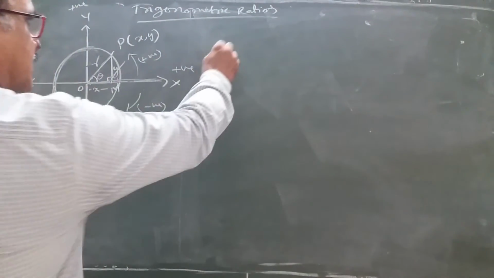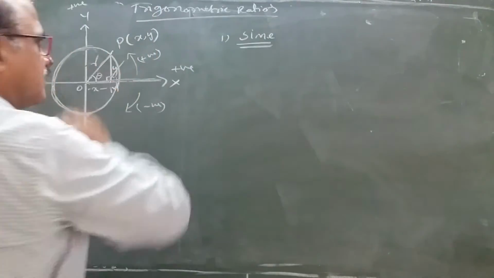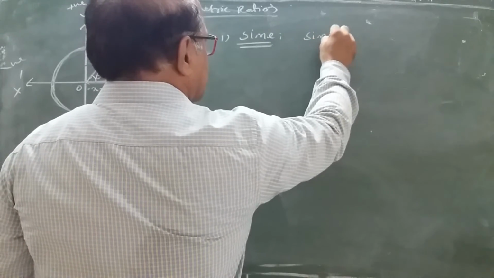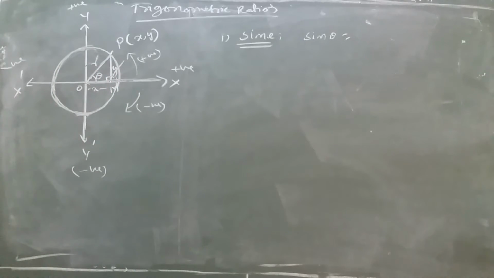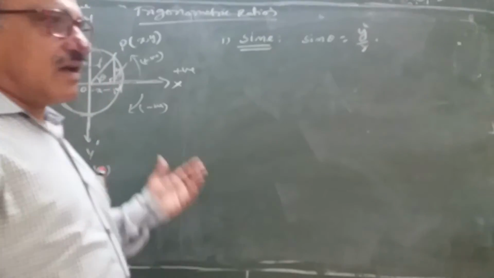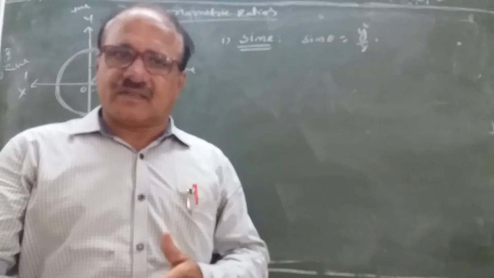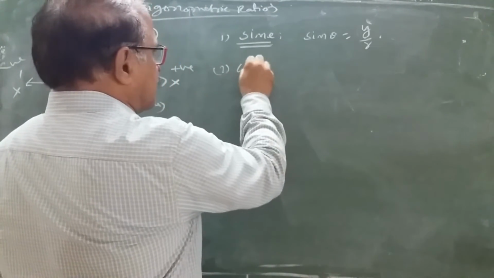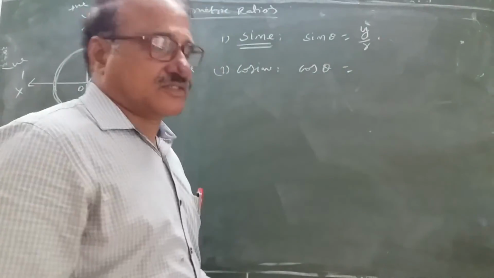First one, sine, is defined as follows. Sine of the angle, generally denoted by sin theta, is the ratio of y and the radius, that is y by r. r is always positive, because it is the distance between 2 points, the origin and the point P. Similarly, the second one is cosine, in short form cos theta.